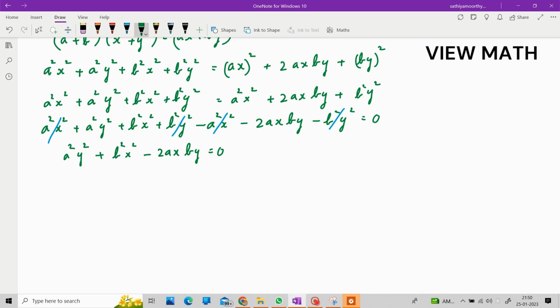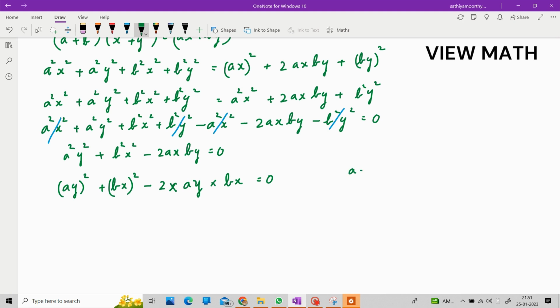Now, a and y, so I can write this as (ay) the whole square plus (bx) the whole square minus 2 into ay into bx is equal to 0. Now I can see this is nothing but the a square plus b square minus 2ab formula.